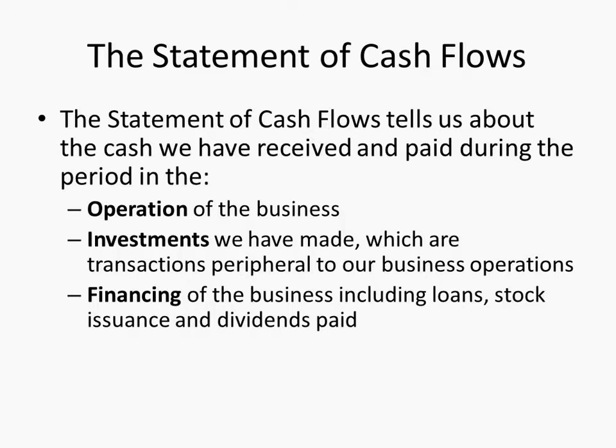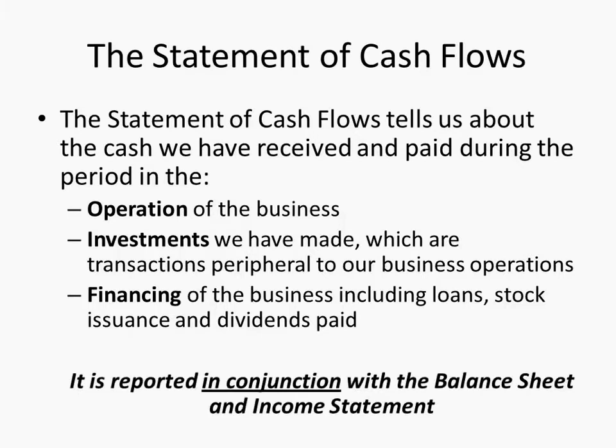So, because the cash flow statement is reported in conjunction with the balance sheet and the income statement, but is split between operations, investing activities, and financing activities, does it make sense now why it's split into these three sections? Because they each have different important purposes.